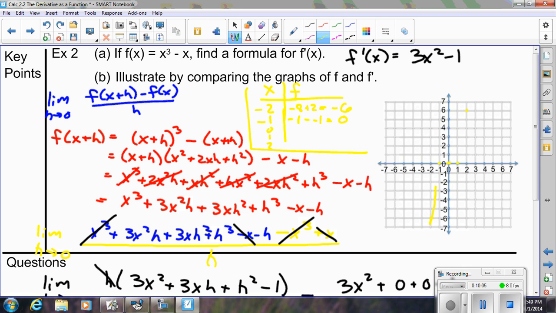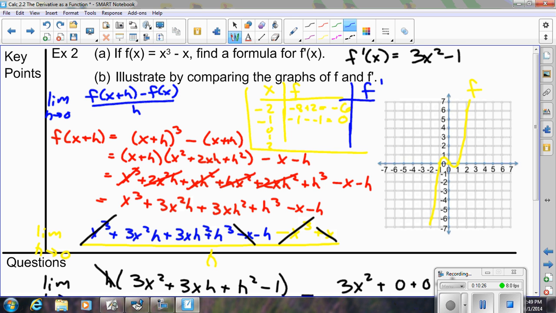As a polynomial, it's also got to be continuous, so we wind up with a graph that looks about like this. Again, not a perfect one, but here's our graph of f. For f prime, we would have 3x squared minus 1, so we could have f prime as part of this.